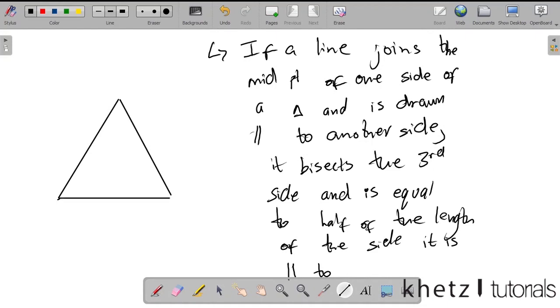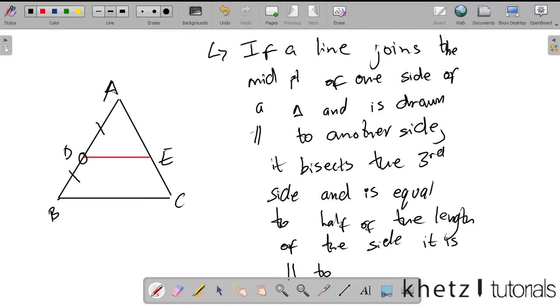Okay, that's a bit better. So let's draw that line, it's going to occur somewhere here. So the line is going to occur somewhere there, and we can say if a line joins the midpoint of one side of a triangle, so let's say we know that this is the midpoint of this side AB.